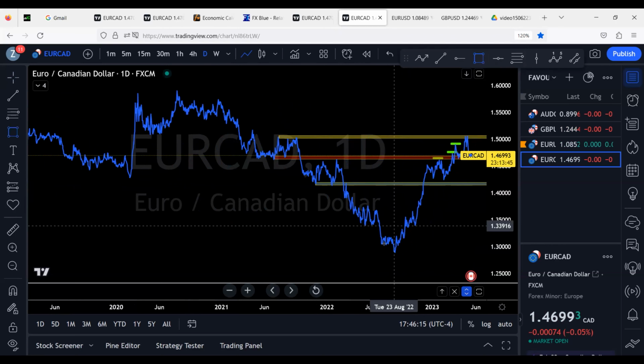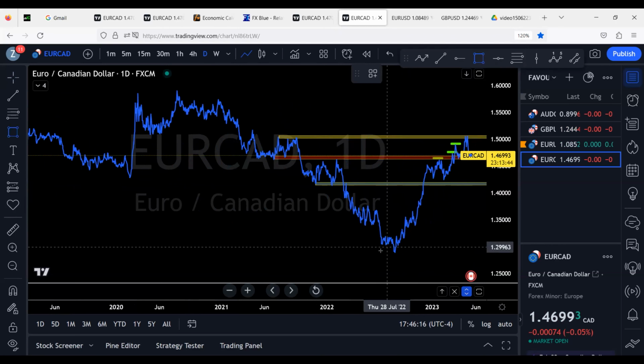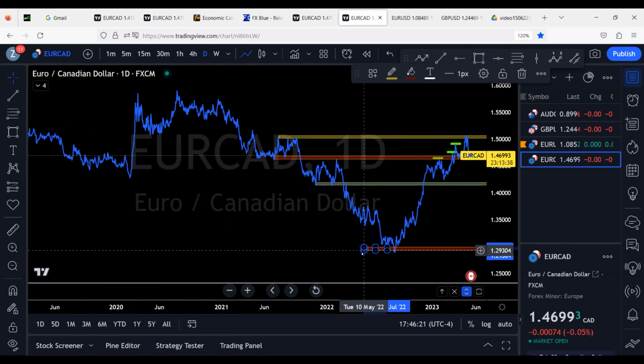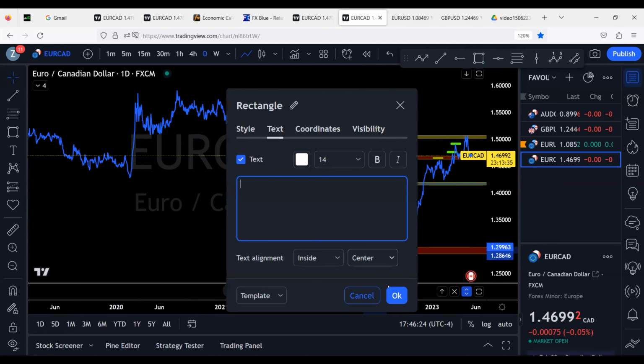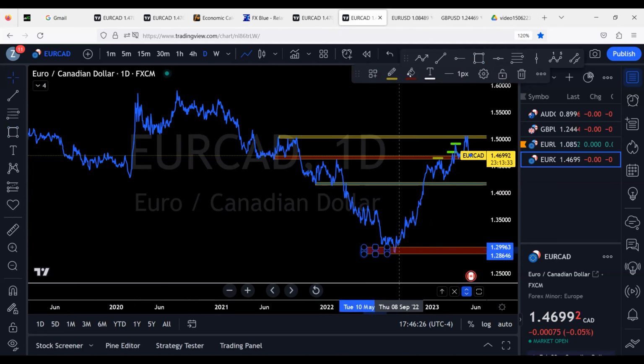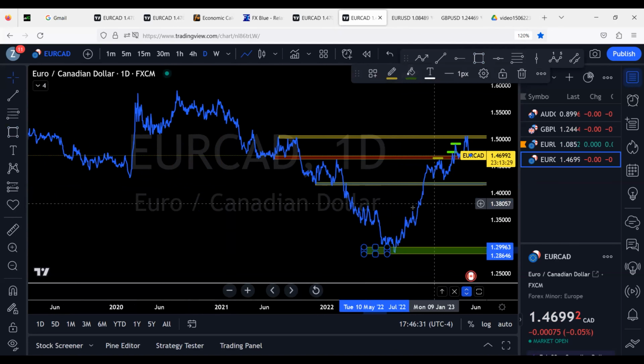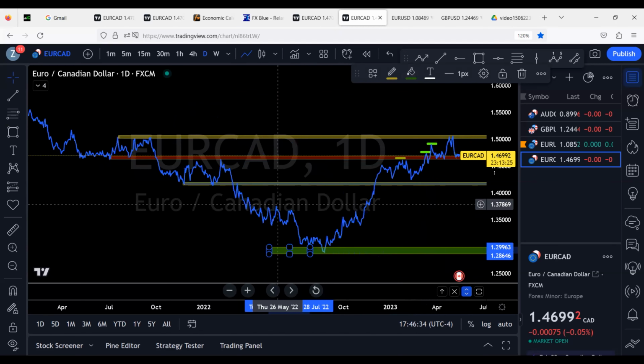It has been to this low area, so I'm going to draw one here. So this is how, guys, you will come in and mark your charts, identifying your support and resistance based on those criteria I mentioned earlier.